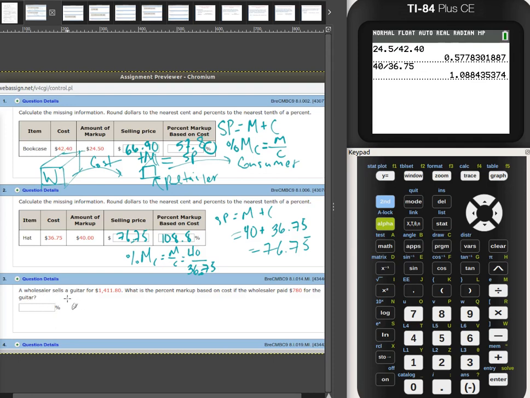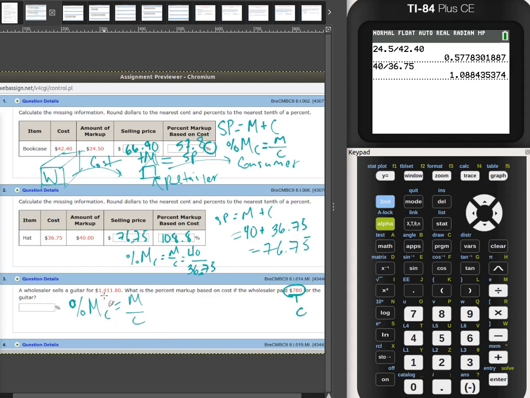So this wholesaler, he bought it at a cost. We have to be able to figure out some of these things because we're trying to find out the percent markup based on cost, and that's markup over cost. Can we find the cost? It says the wholesaler paid $7.80 for it, so this one must be the cost, is $7.80.